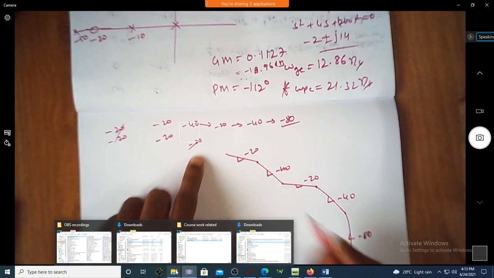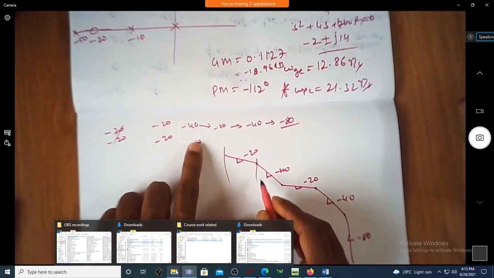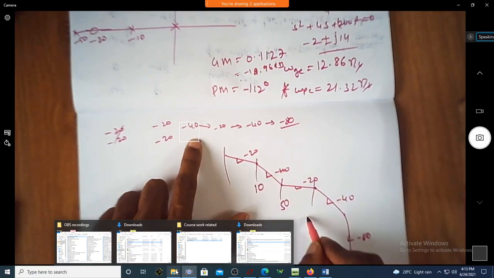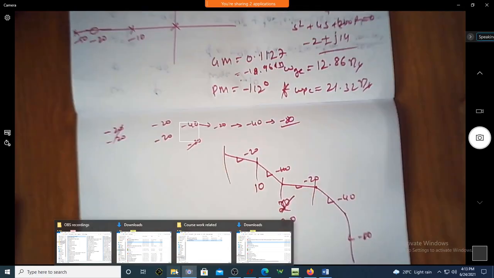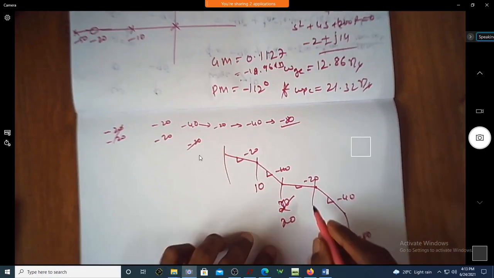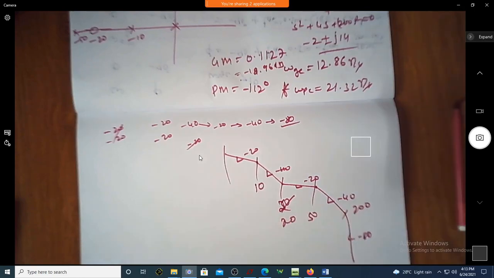So this happens at 10, this happens at 50, this happens at 20. Can you get 20? The slope actually reduces, and this also happens at 50 and these are 200. Yes, sir. This is how the slope goes.